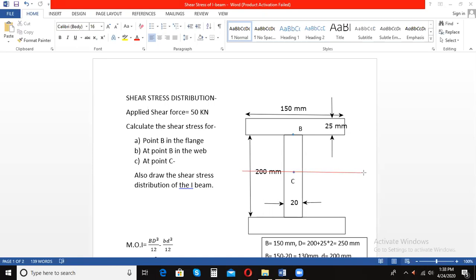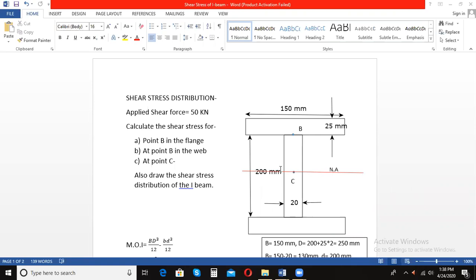Let me tell you one more thing: the neutral axis is the axis along which the fibers of the member do not undergo any compression or tension, which means there is no compressive strain or tensile strain in the fiber lying on the neutral axis plane.